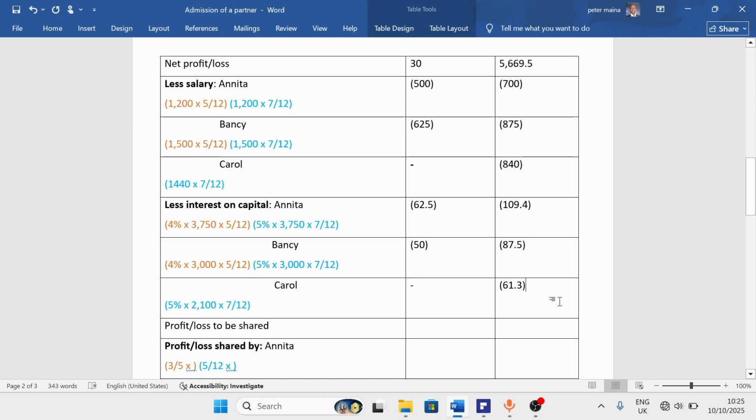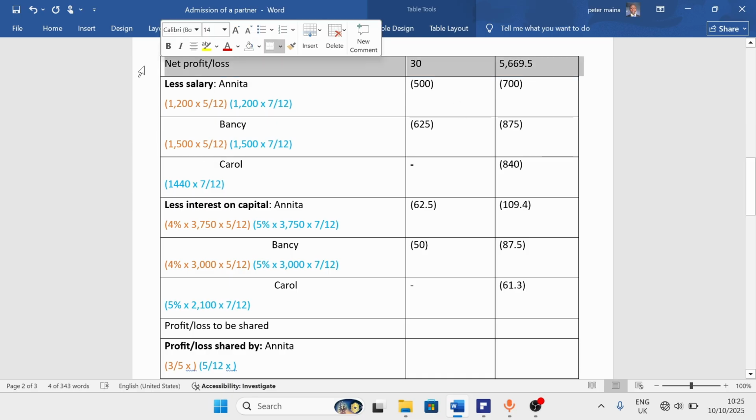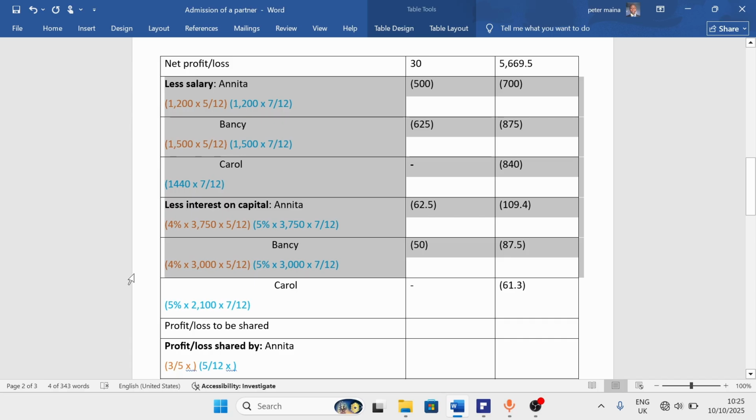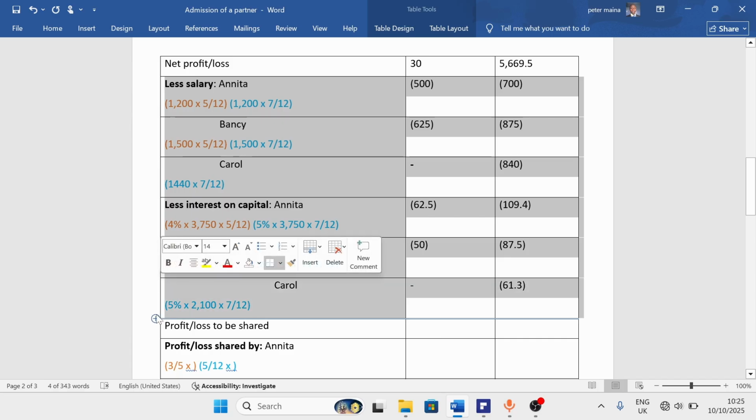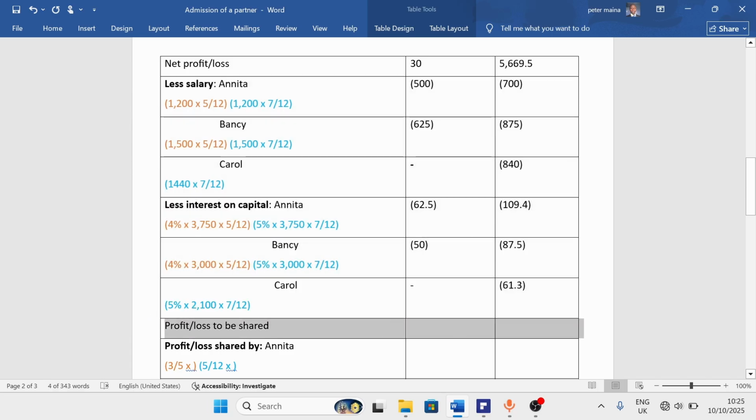So now we want to determine the amount of profit or loss that is going to be shared by the partners. So we are going to take our net profit, we deduct all these expenses, and then whatever remains is going to be profit to be shared by the partners.